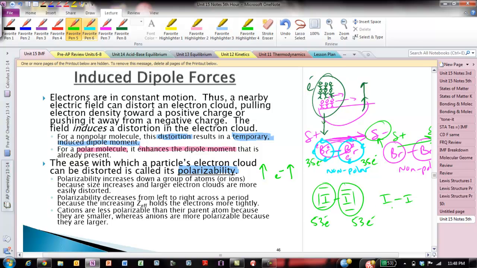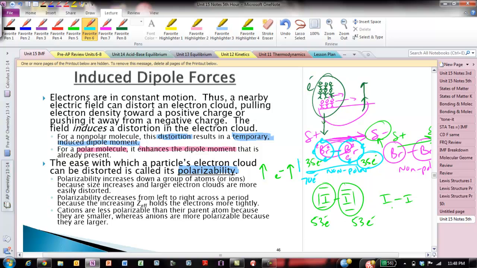And so, in the constant motion that electrons are having, there is a possibility, a very slim one, that all 70 electrons will end up over here. So you've got 70 electrons on one side and no electrons on the other.